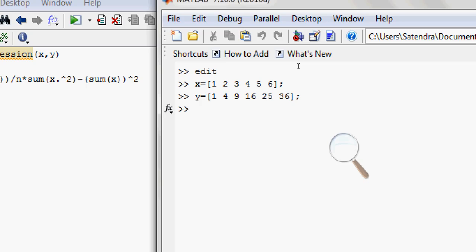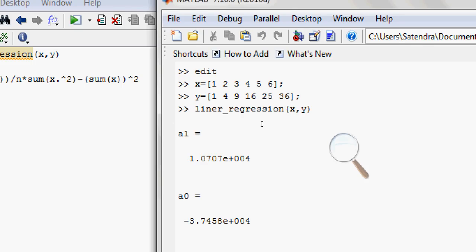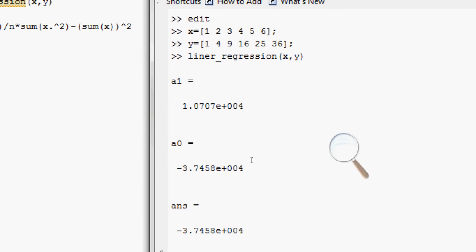Now I have the values of x and y. Now I will pass these values to the function linear regression. Passing the values x and y, it will give me the values of a1, a0 and the final answer.